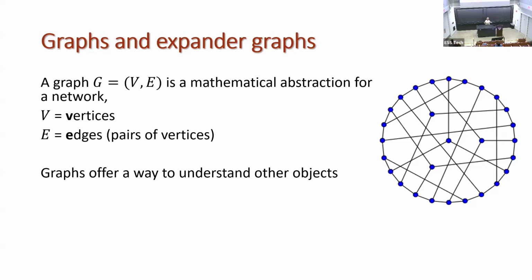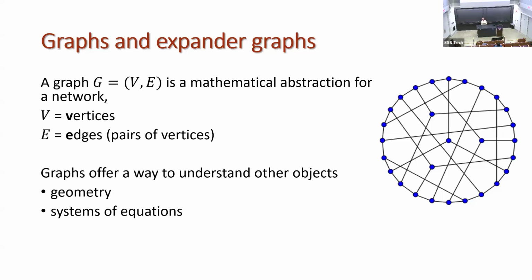So objects outside of mathematics, but also inside mathematics. A lot of objects are nicely understood when you look at the graph aspect of them. So for example, in geometry, maybe you have some complicated geometric space, and you describe it by a discretized graph, and that gives you some interesting information.